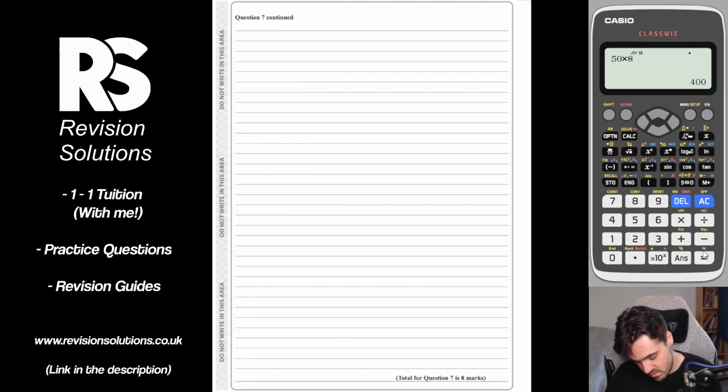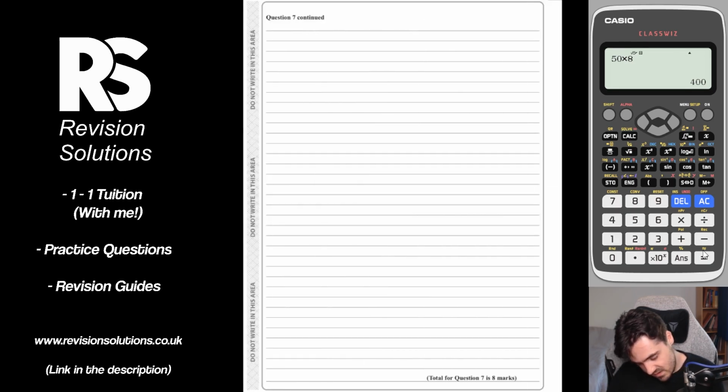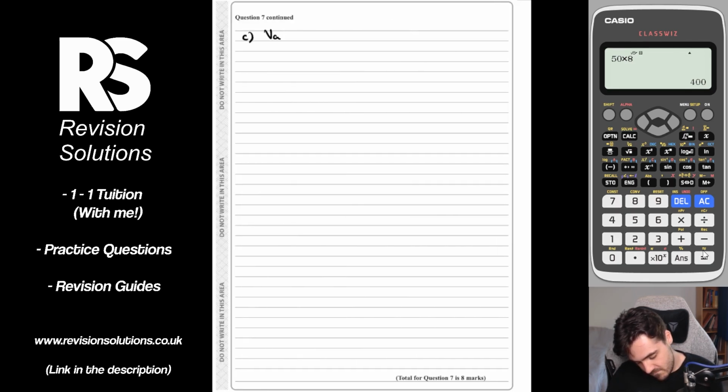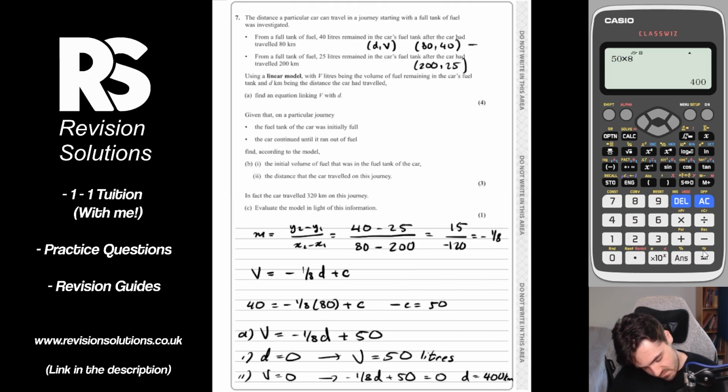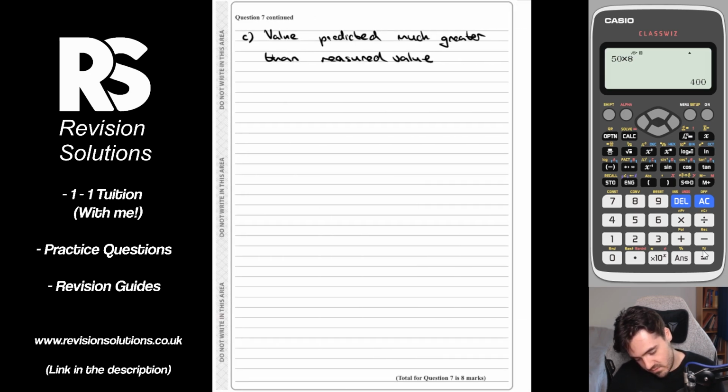So this is part C. Value predicted much greater than measured value. That's right, isn't it? Yeah, 400 kilometres to 320. So value predicted much greater than measured value, so model is not good.